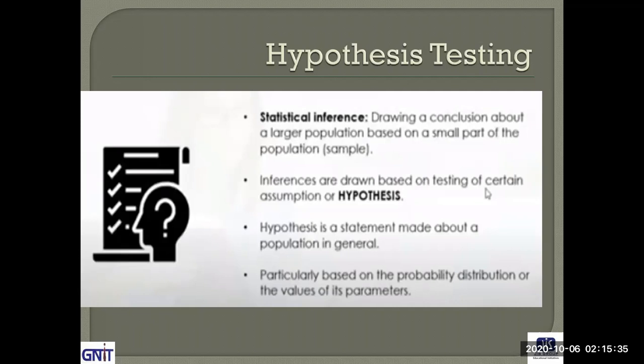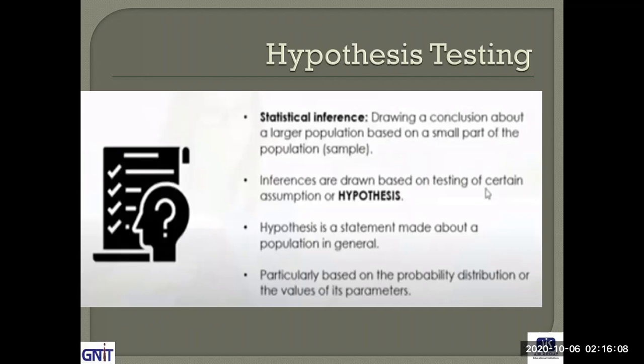So inferences are drawn based on the testing of certain assumptions or hypotheses. Actually, I am trying to predict something. So that is actually statistical inference. We have some reference, we have some statistical data. Hypothesis is a statement made about a population in general.